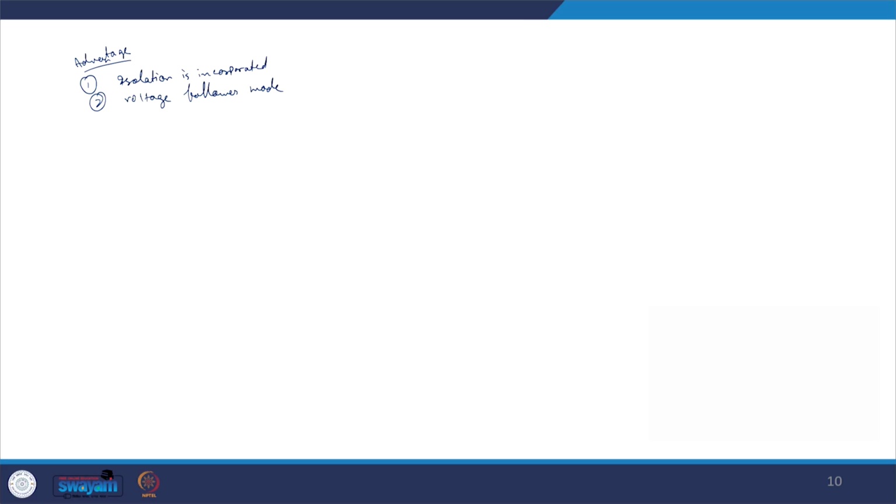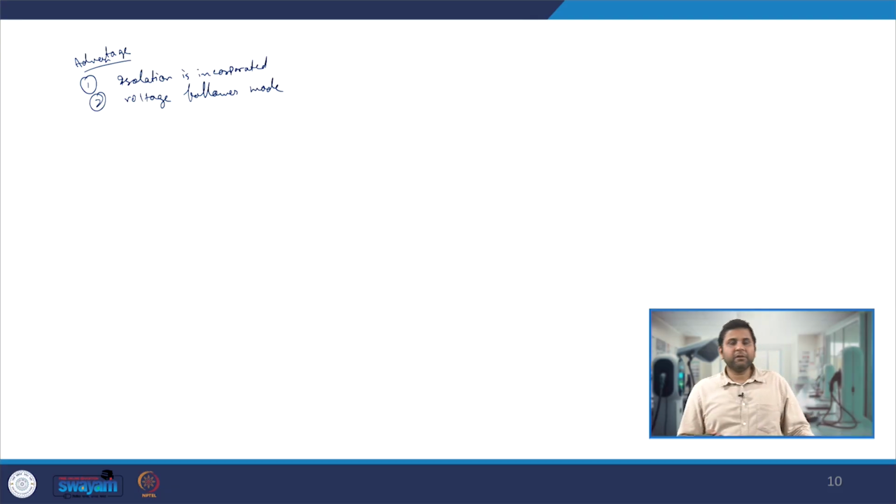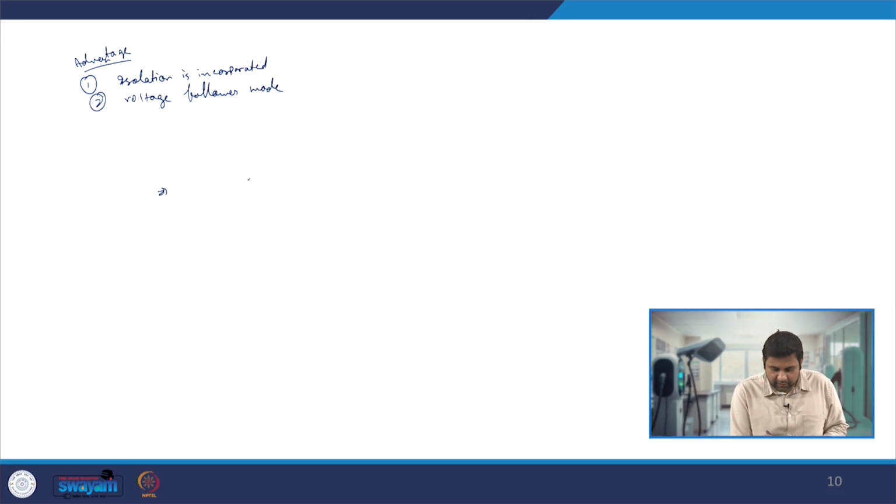Now, if we look very carefully, the flyback converter is a derivative of the buck boost converter. So we can also have a diode bridge rectifier followed by switch S1 and the inductor.